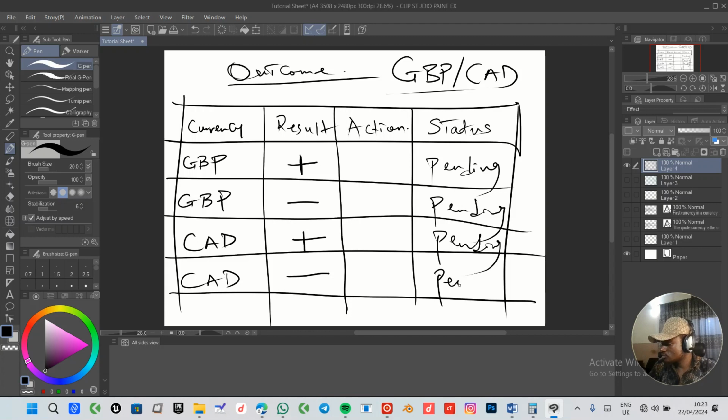If it's the date that you are trading, change this to ongoing. Let's say the news release for GBP is today. You clean this and you write ongoing. That's why it's good to do it on Excel or on Microsoft Word. I'll show you guys how to transfer it from here to there. The action is going to tell you whether to buy or to sell.